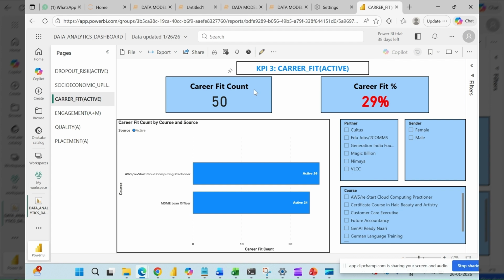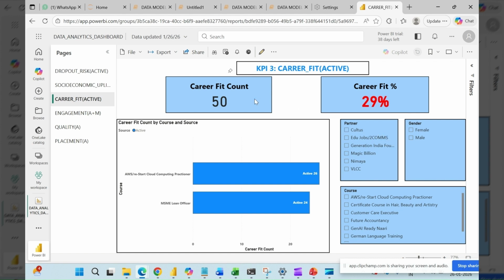So now the filter is that whatever students from Cultus, 2Com or GIF or Magic Billion or Nimaya or VLCC, they opted these courses in our center and they got a job in the corresponding field. So they are career fit. They are fit in their career.